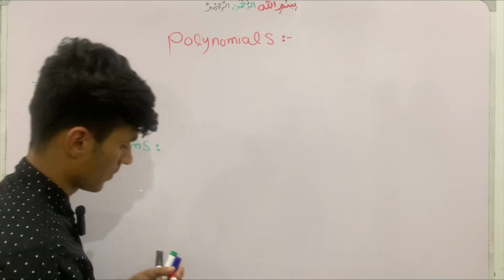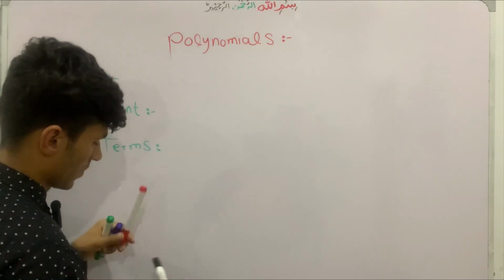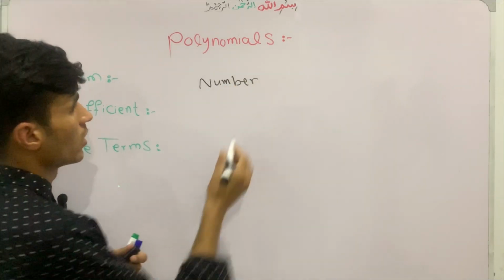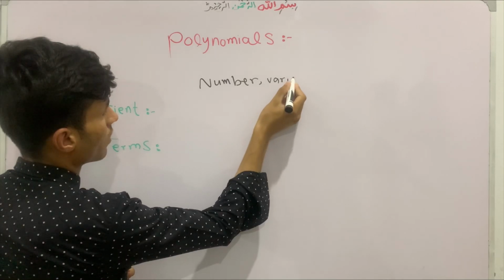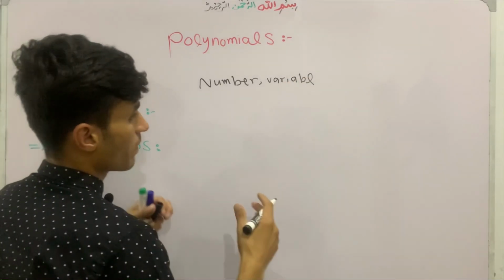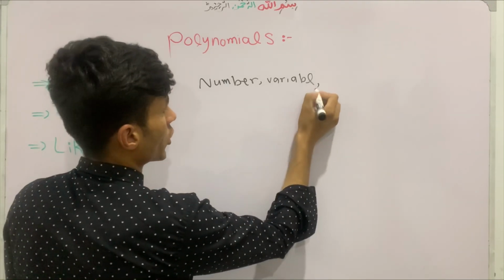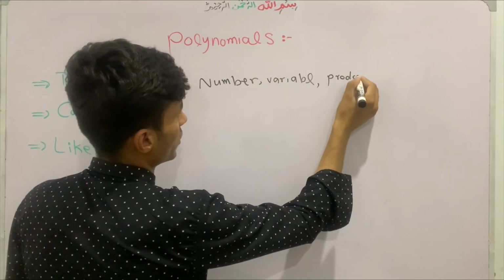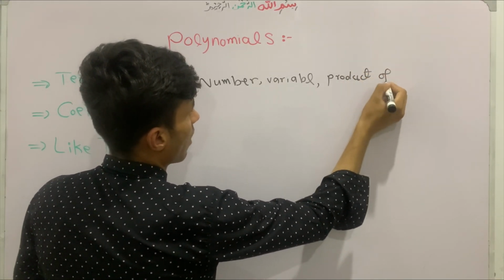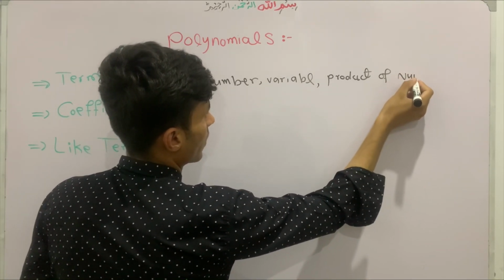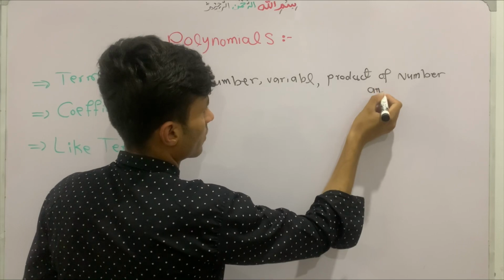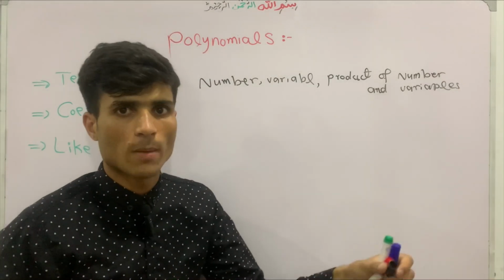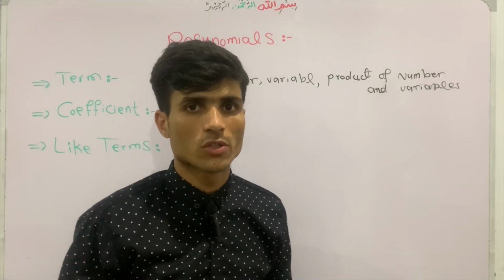A term could be a number, could be a variable, could be the product of a number and variable, right? Product of number and variable, right? Variable or variables. Could be a lot more numbers and could be much more variables as well.